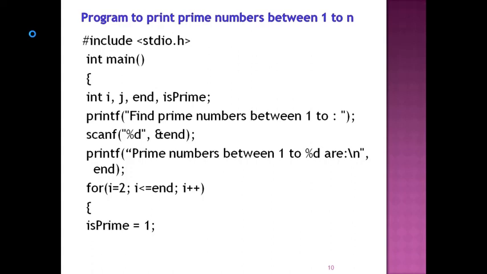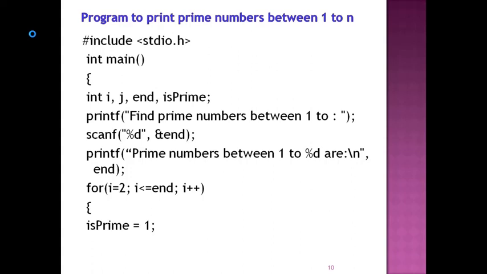For i equal to 2. 1 is not a prime number. The prime numbers start from 2. That's why i equal to 2. i less than or equal to end. This is the condition. We must repeat the loop until the end number, until 100. That's why we are using the condition i less than or equal to end. i plus plus.